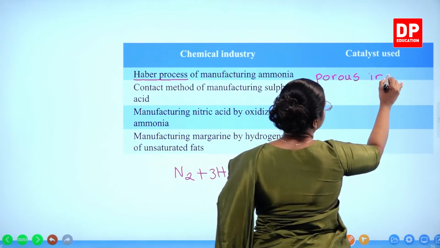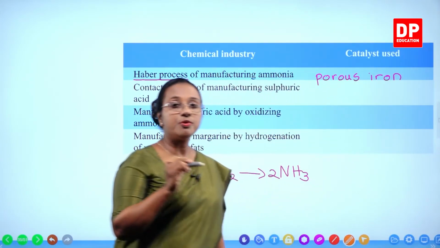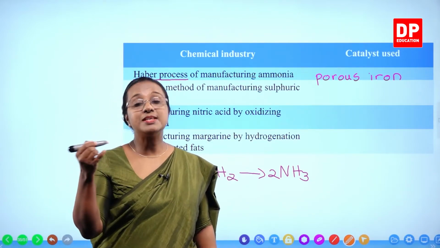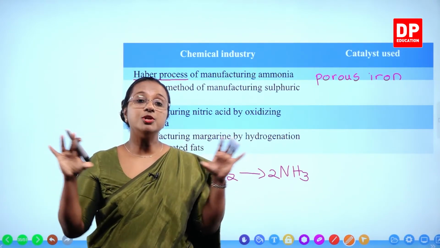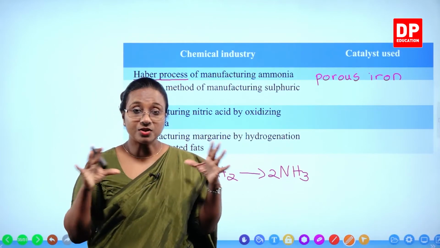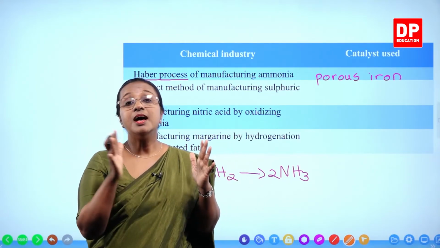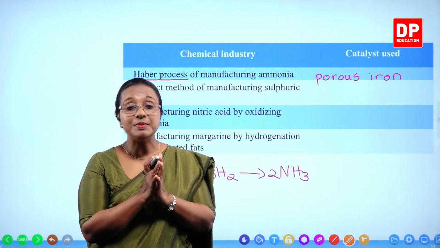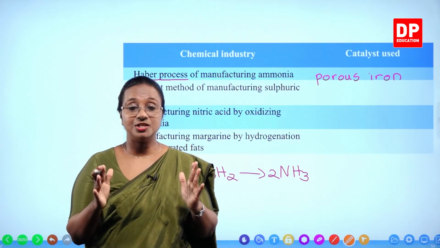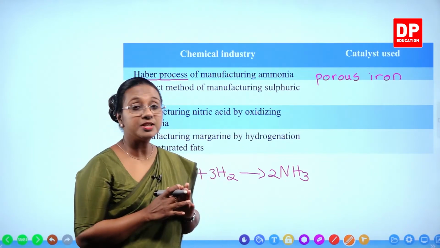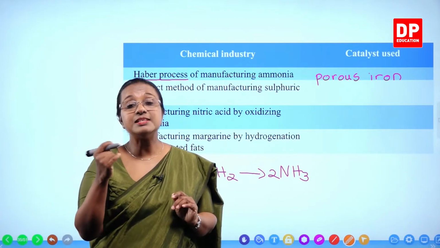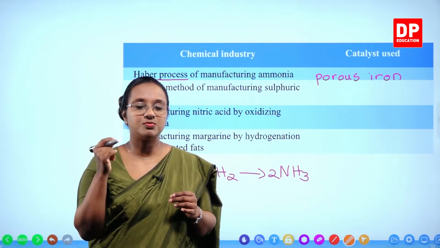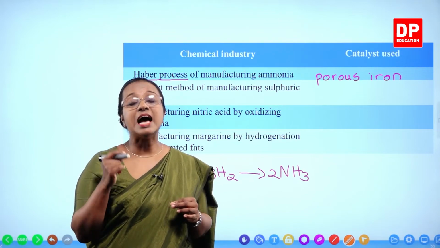Porous iron. Now, when we say porous, there are small spaces, holes. Now, iron, you all know, is a metal and it is a solid substance. There, the iron atoms are completely, neatly arranged. But here, when we say porous iron, there are spaces between, very tiny spaces, very tiny pores in iron.